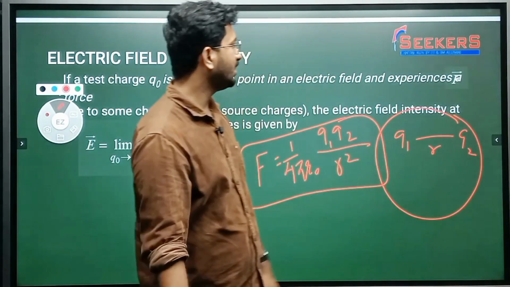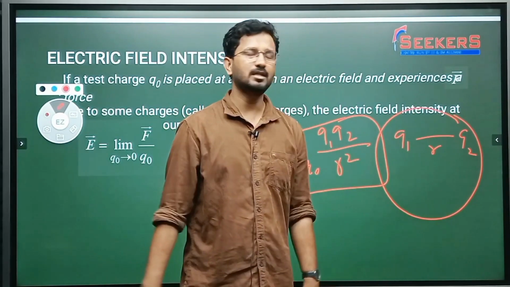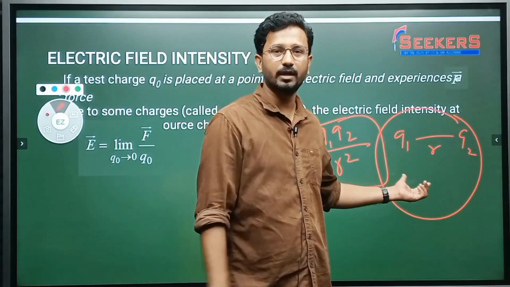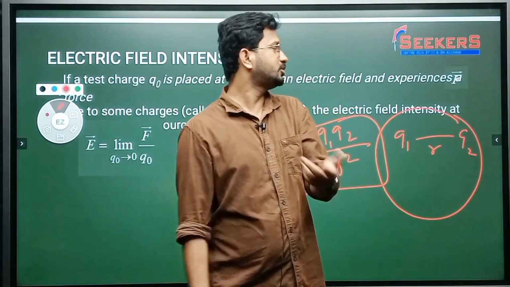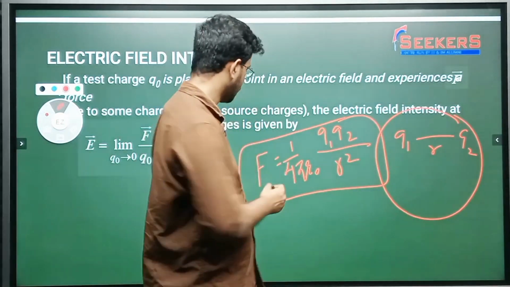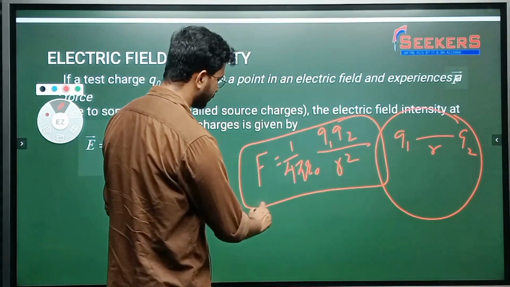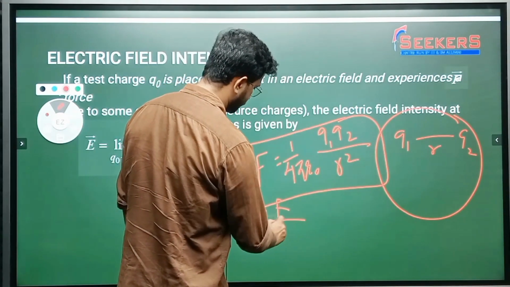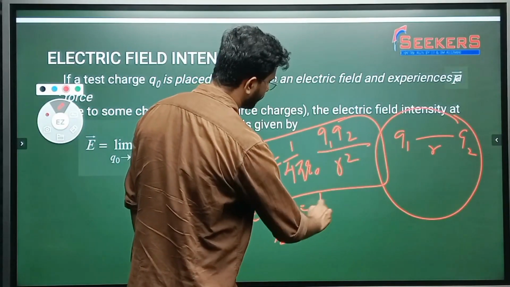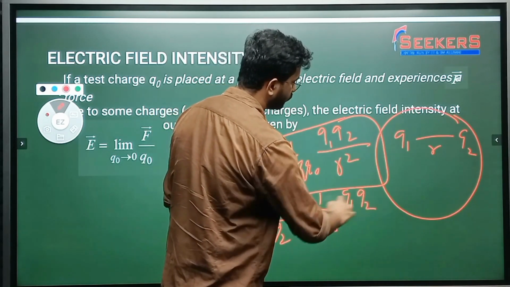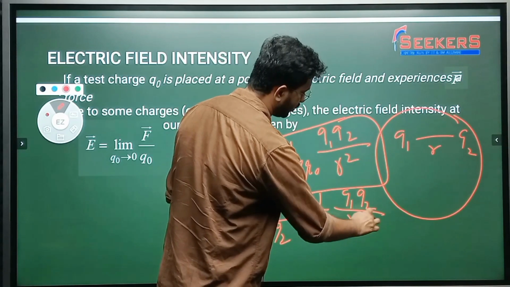Coming back to electric field intensity: it refers to how much a charged particle, suppose Q1, exerts force on a unit charge particle. So basically it is force per unit charge. Suppose E represents electric field intensity, then E is F by Q2, which becomes 1 by 4 pi epsilon naught Q1 Q2 by r square into Q2.